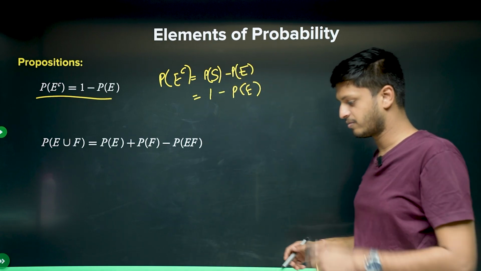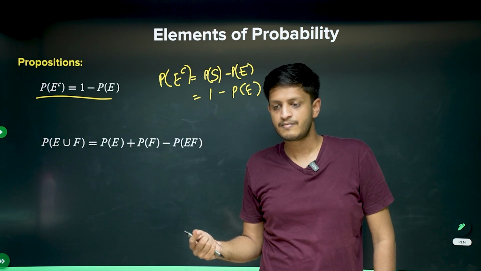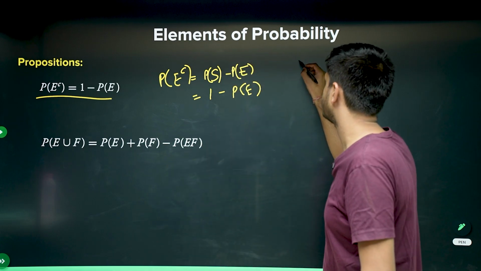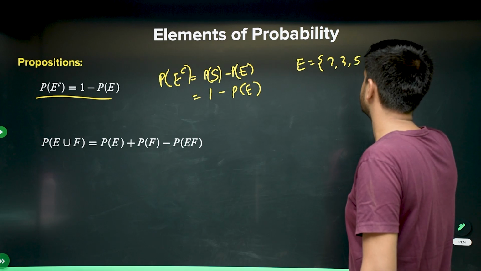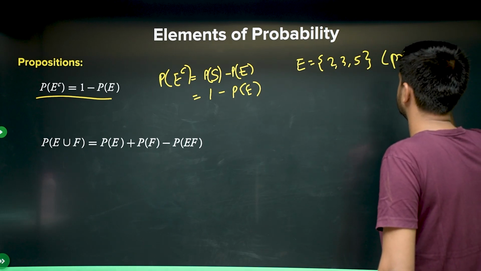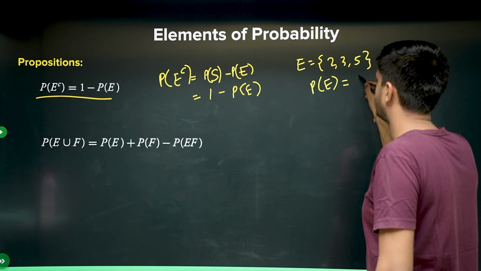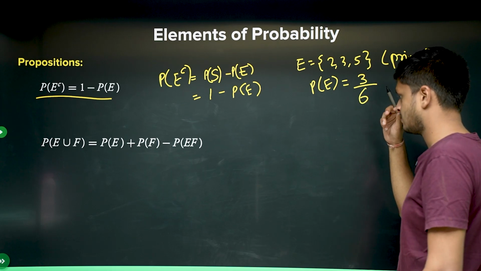Okay. So basically, the probability of getting a prime number when we throw a die is what? The prime number event is 2, 3 and 5. This is getting a prime number. So the probability of E is what? There are 3 cases in which we succeed and there are a total of 6 cases, right?